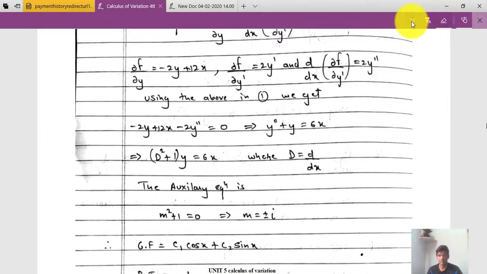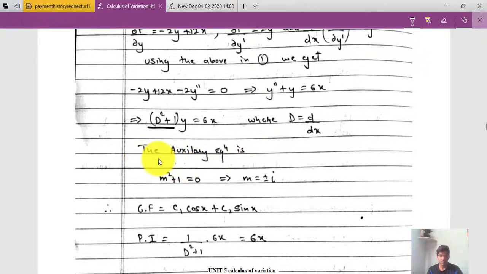Now this is a second order derivative, so I can write it as d by dx, so d square plus 1 times y equal to 6x. Now the auxiliary equation, whenever you are writing an auxiliary equation, you should always equate it to 0.